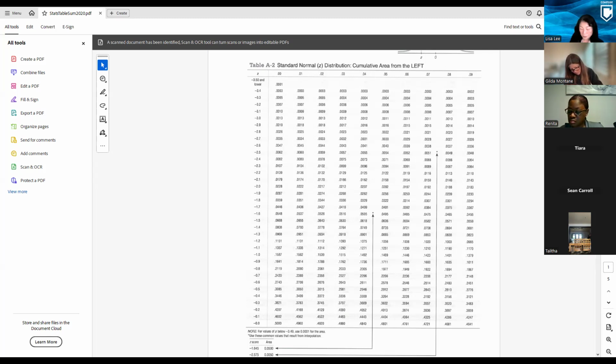Okay, so when you go to the calculator, press second vars, and go to inverse norm, inverse norm.